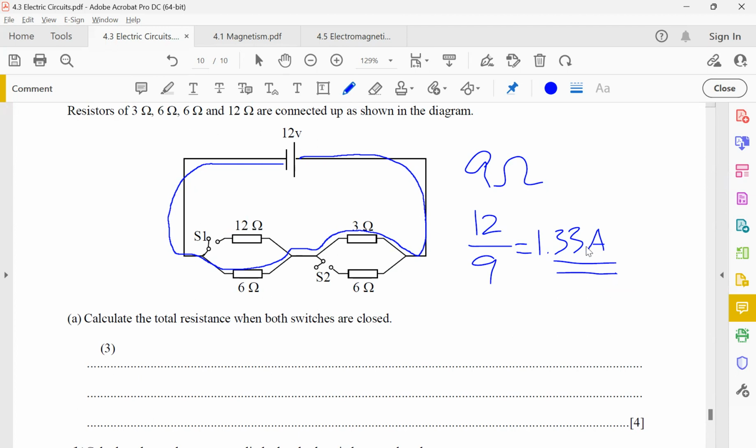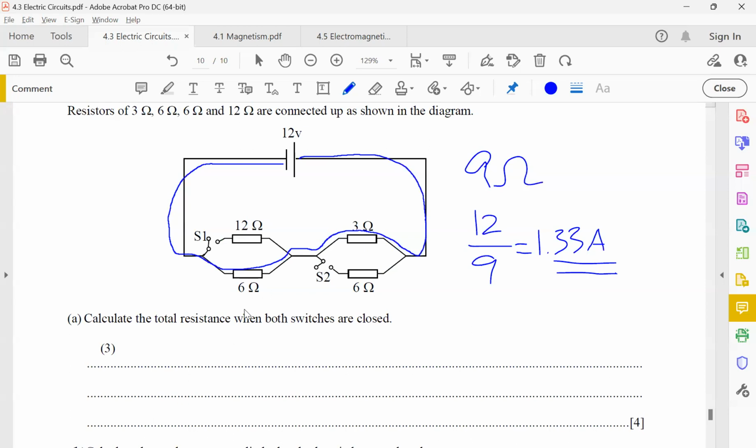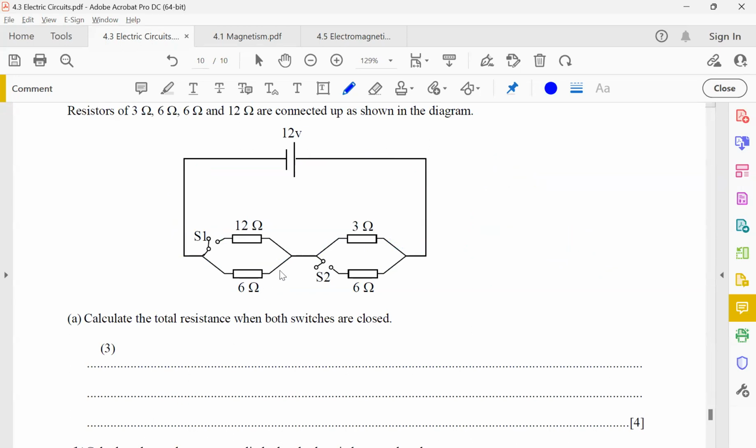Sorry? C, yeah. Calculate the current in the 3 ohm resistor. Right now the scenario is this switch is closed and this is open. According to the flow of current, it's going to flow like this and then split here, and flow here. Effectively this resistance is in play and this resistance is in play.